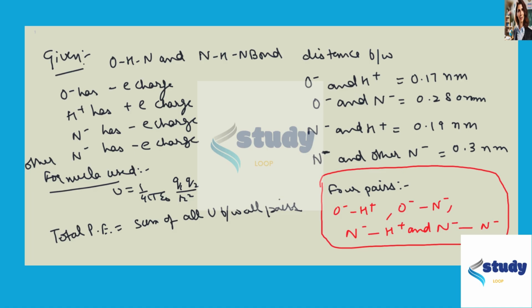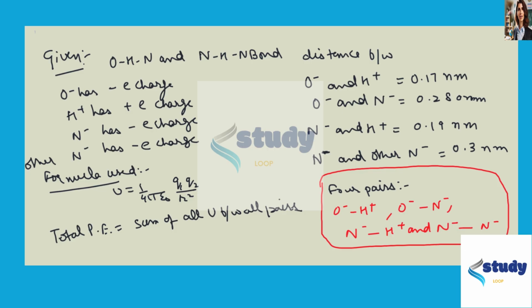So we can find the potential energy using this formula. The total potential energy is the sum of all the potential energies between all those pairs. That will give the actual electric potential energy of the adenine-thymine. O minus has a negative electronic charge, and H plus has a positive charge. Each N minus has a charge of minus e.